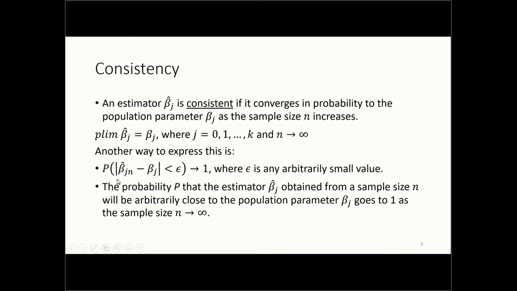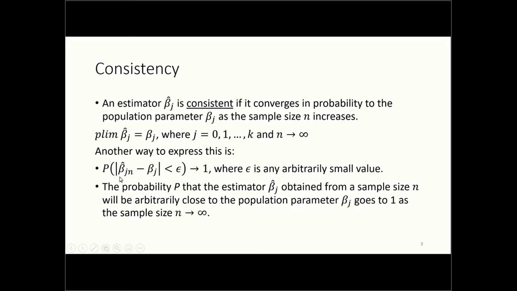This is a complicated formula that shows that the probability P is going to 1. So this means with almost certainty, this one is the absolute value of the sample coefficient, beta hat j that comes from a sample with sample size n, minus the population parameter.